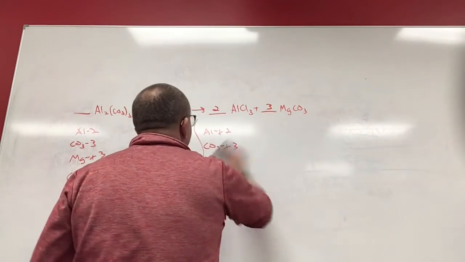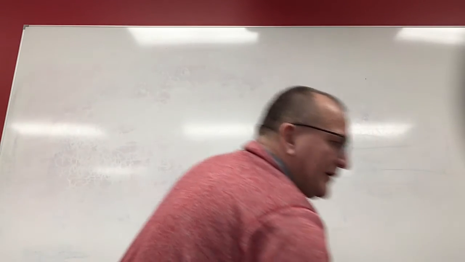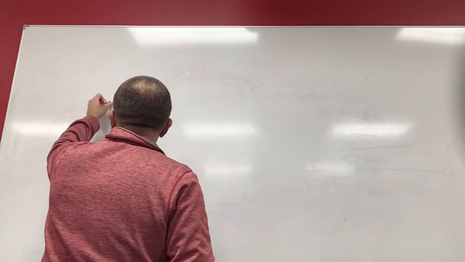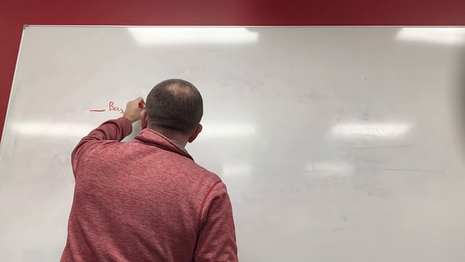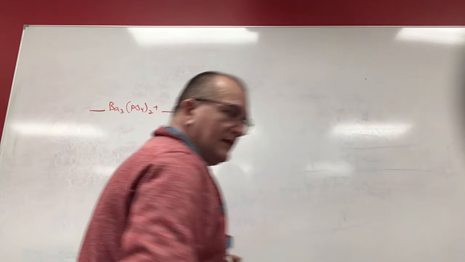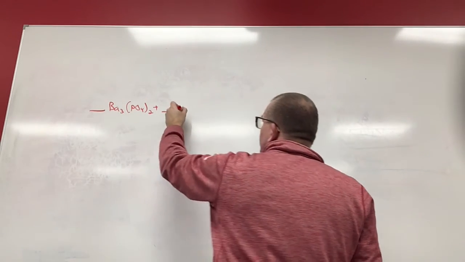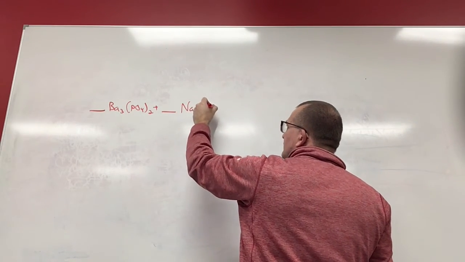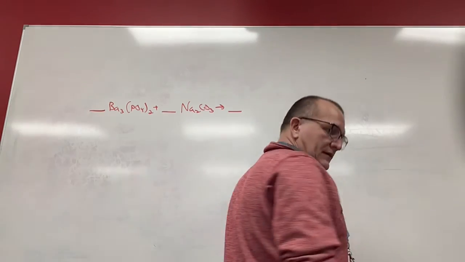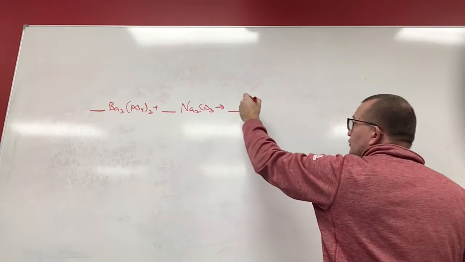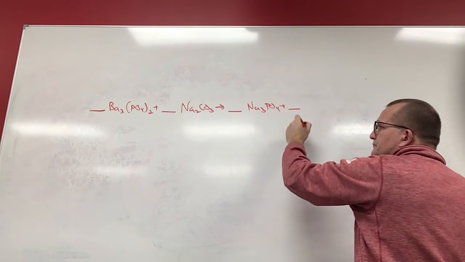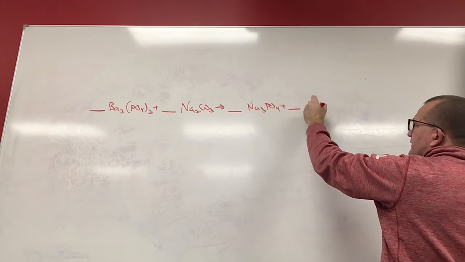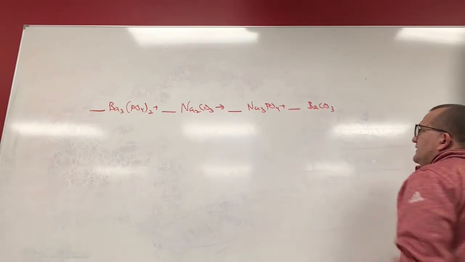And then letter C of number 9 is barium phosphate and sodium carbonate. And we're going to have the sodium phosphate first and barium carbonate second.